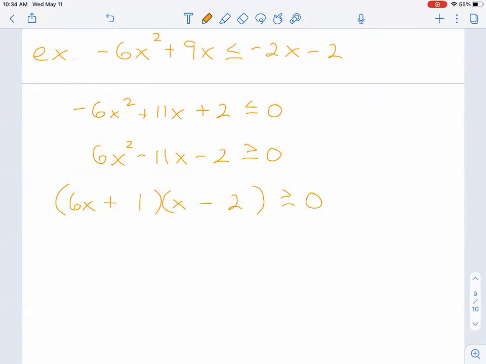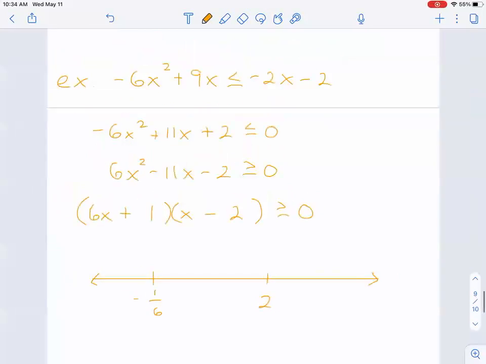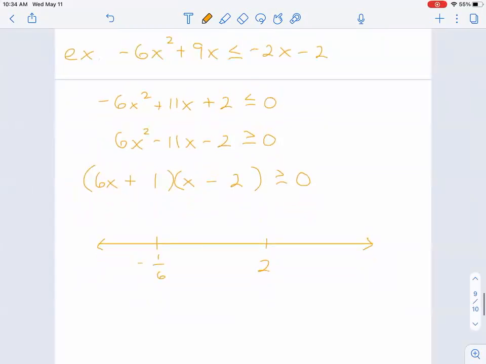Okay, so let's list our boundary points. Our boundary points are going to be 2 and -1/6. So here's my number line. I've got -1/6 and 2. And I have to test those 3 regions.